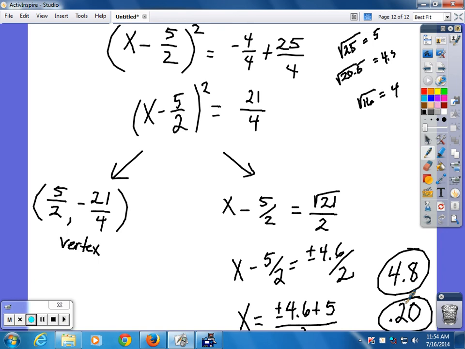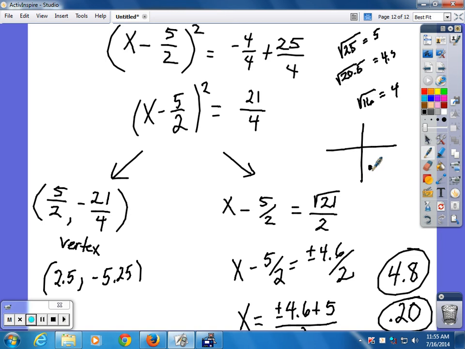And the vertex is 2.5, negative 5.25. So if you were to sketch this, negative 2.5 and negative 5.25.